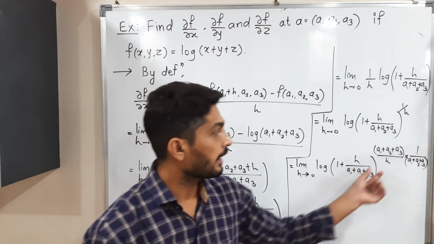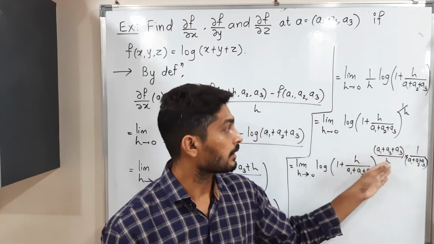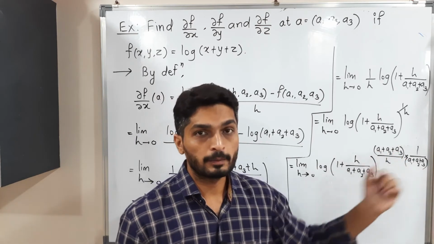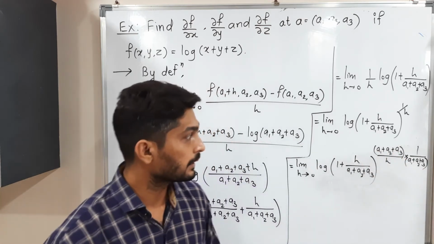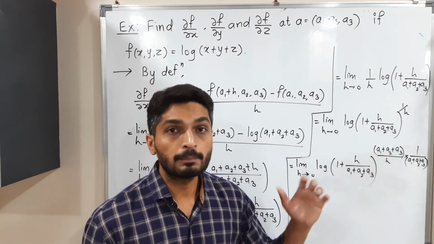Whatever I have in the power, I have multiplied and divided by this bracket. So what happened? We got its reciprocal as a power of this bracket.